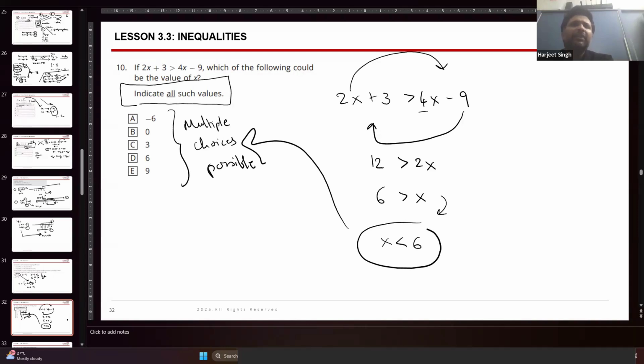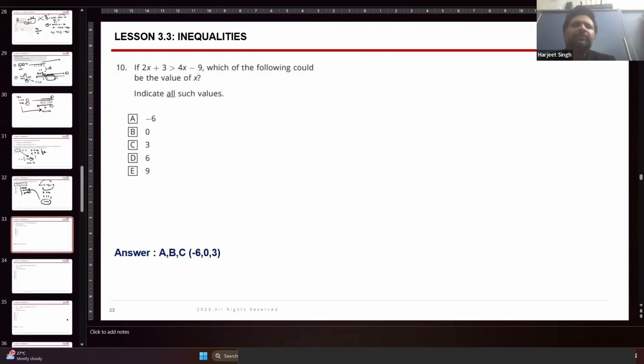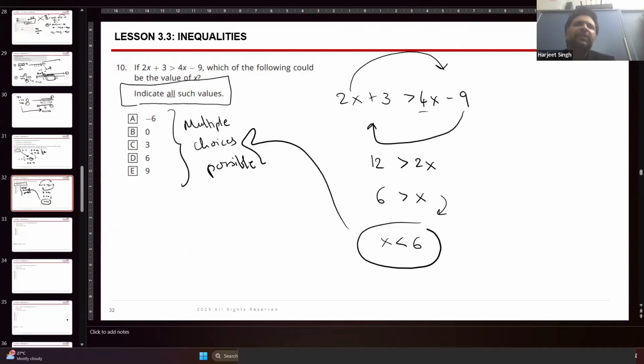If you are multiplying by a negative number, flip the inequality. So the first three choices are the right ones, correct?